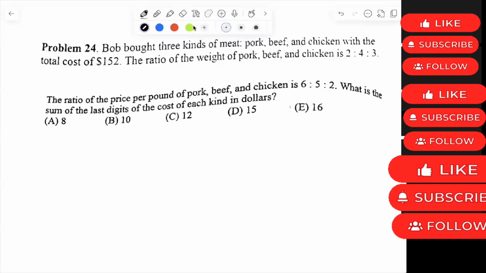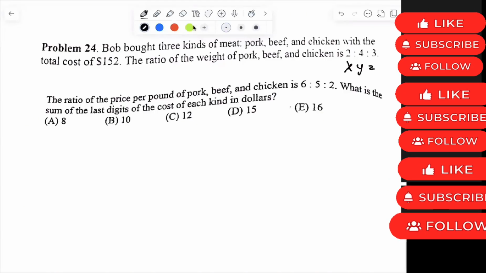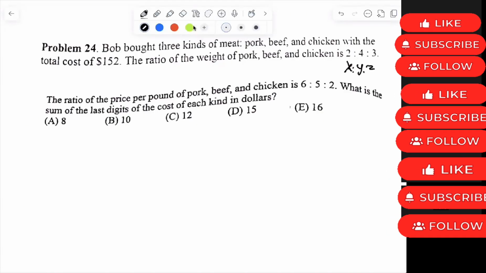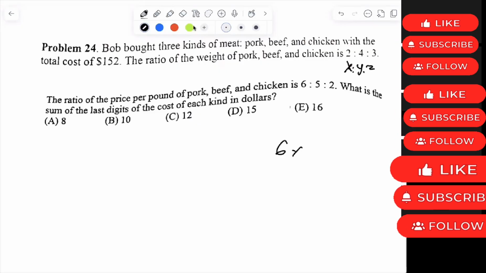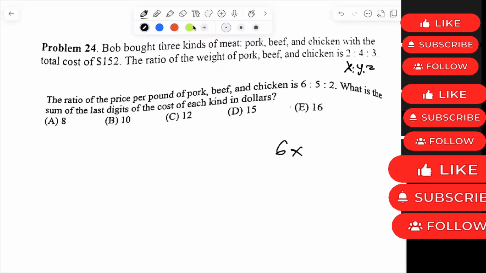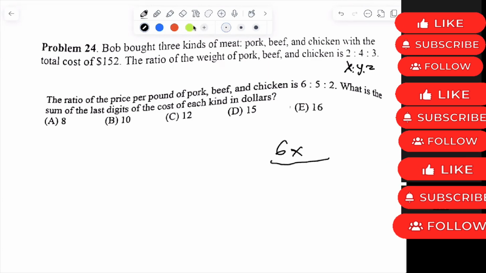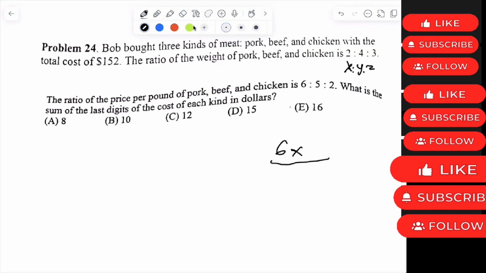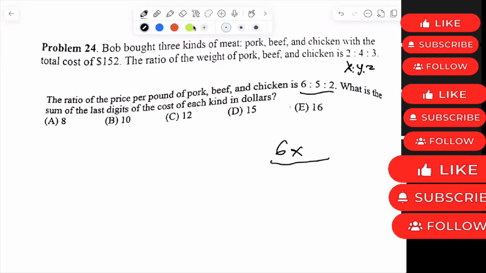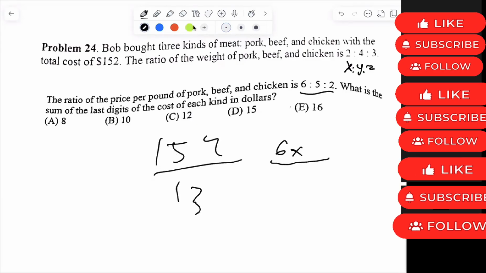Let's let the weights of the pork, beef, and chicken be x, y, and z respectively. So we got an equation. So notice that 6x divided by the total of the pork and chicken is A plus B, C respectively. Why? Because notice that this is 13, 152 divided by 13. You do this.